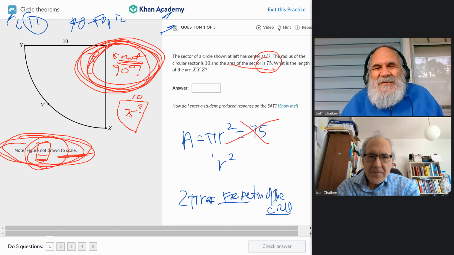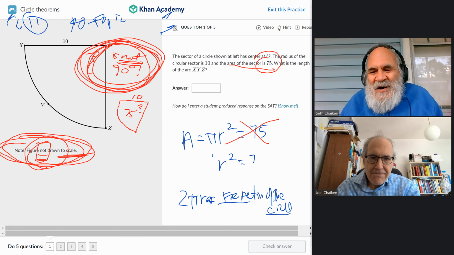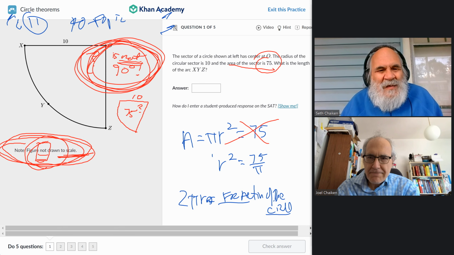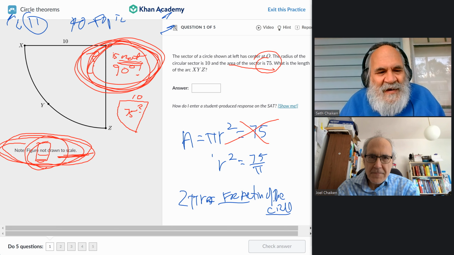Sure. Let me write it out. I'll just write out what the mathematician mind comes up with. Here we go. The area equals 75.